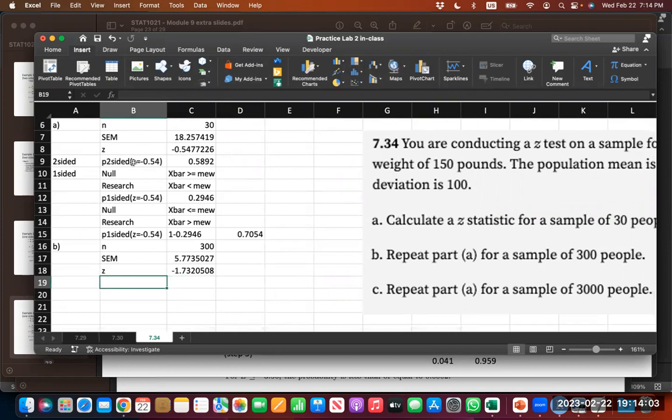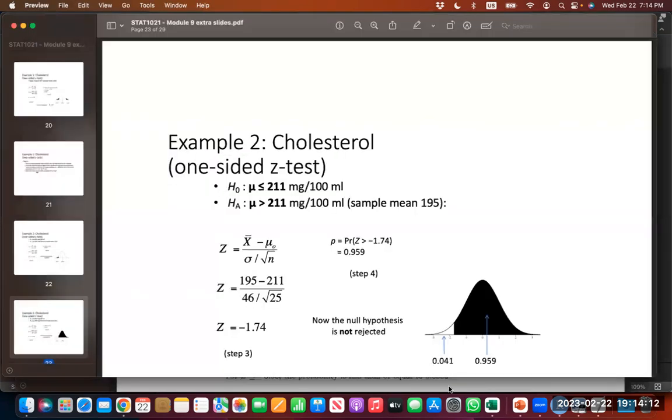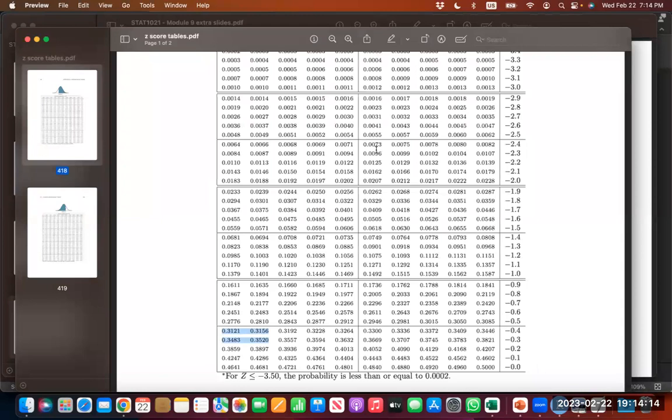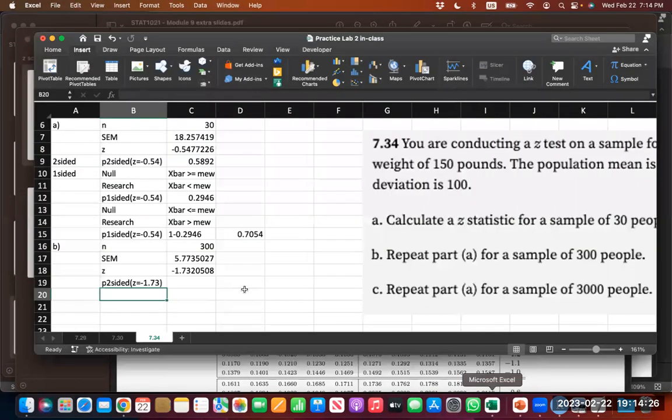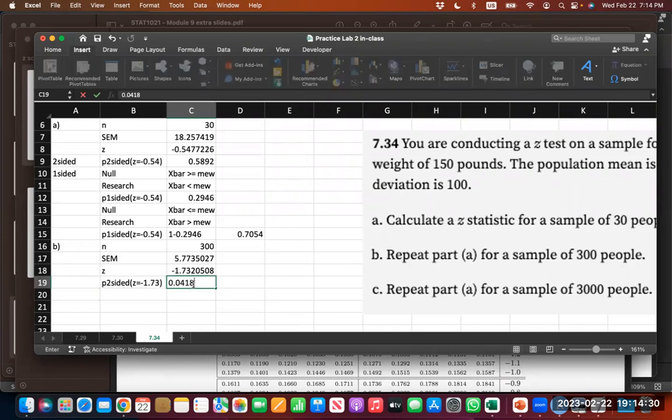So now a p two-sided for minus 1.73 corresponds here, minus 1.73 would be 0.0418, multiplied by 2.